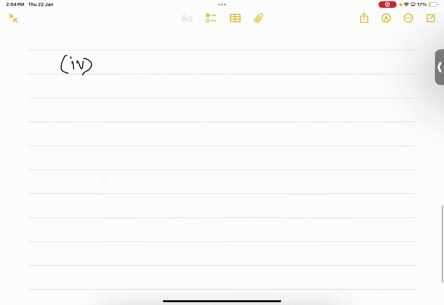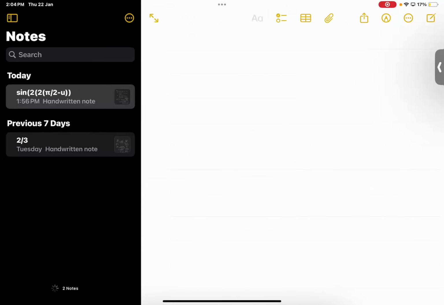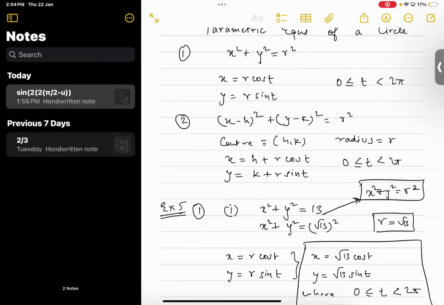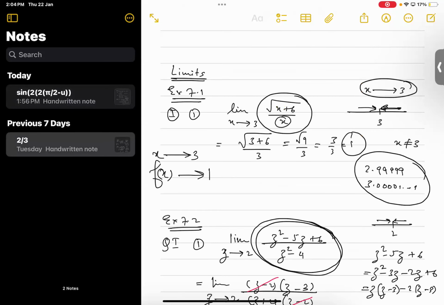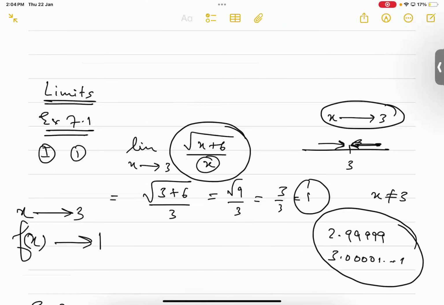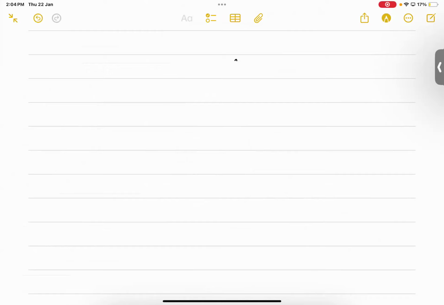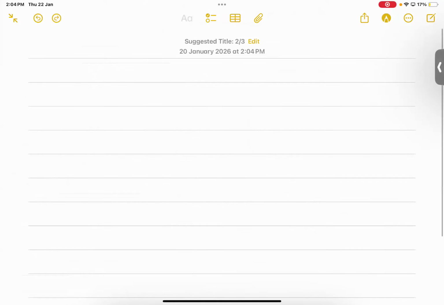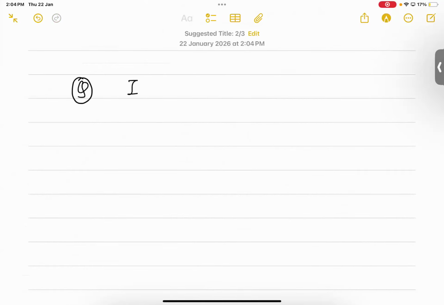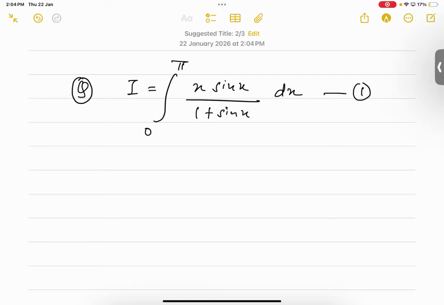Practice this on your own. Okay, I'm just writing the question once again. Integration of x sin x upon 1 plus sin x, 0 to pi, equation number 1. Use the property and solve. Start.